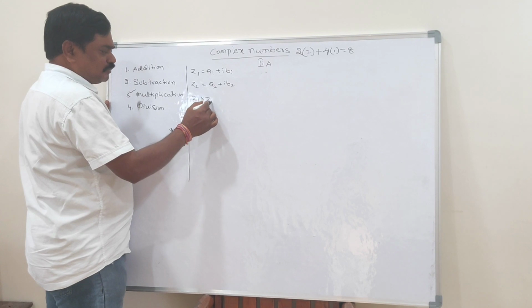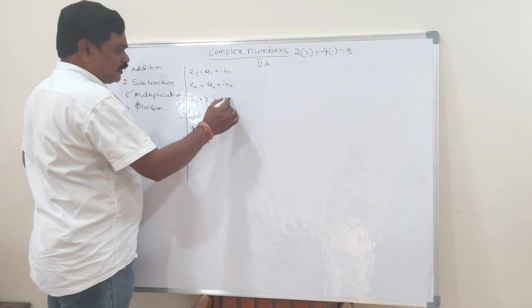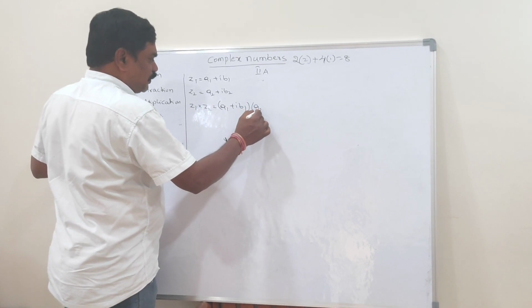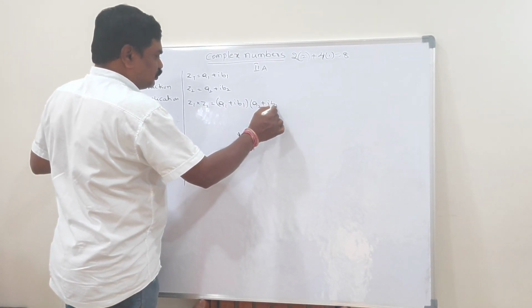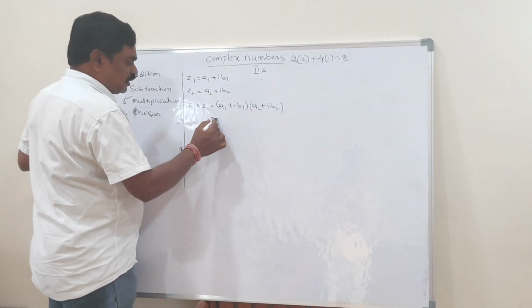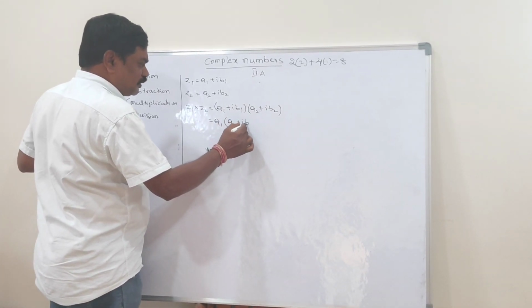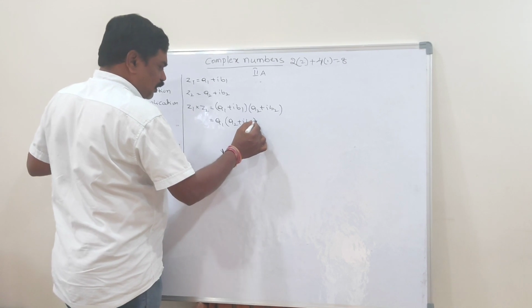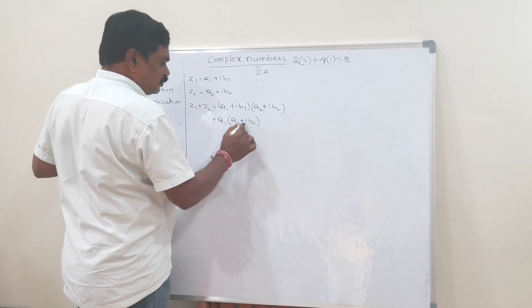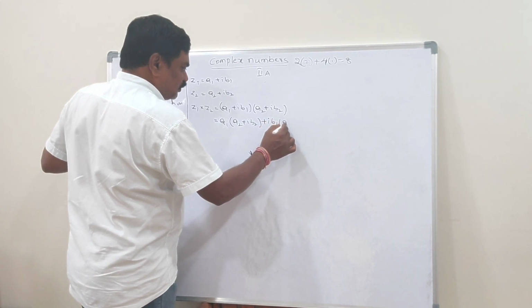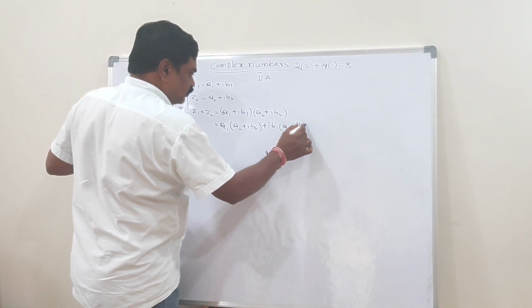Z1 into Z2 is equal to (a1 plus ib1) into (a2 plus ib2). So here, a1 of (a2 plus ib2) plus ib1 of (a2 plus ib2).